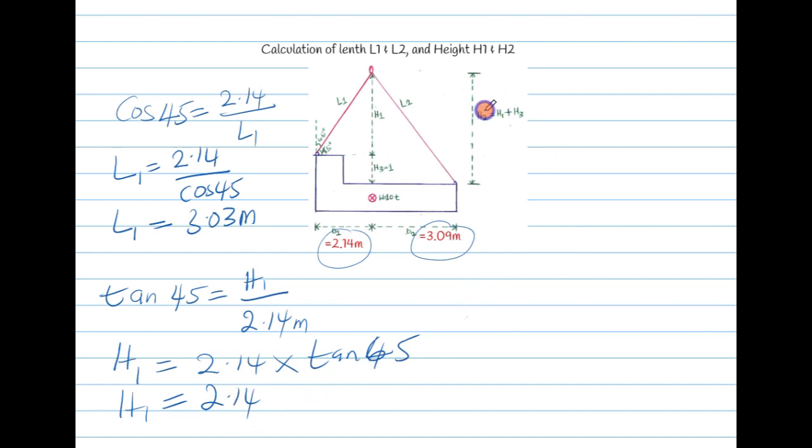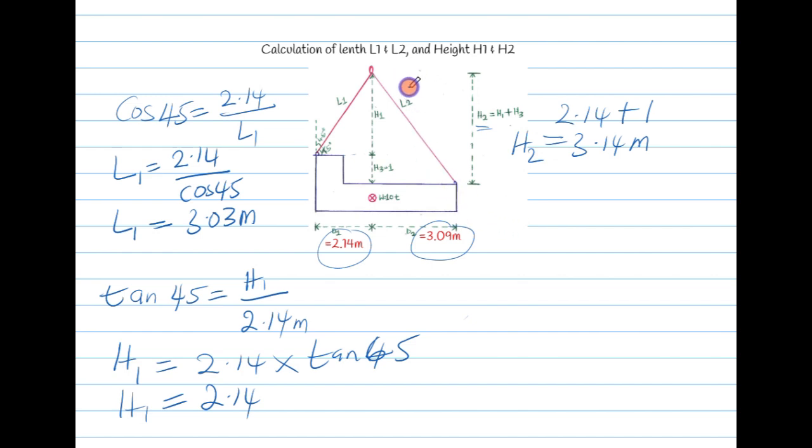Next is to calculate our H2, which will be H1 plus H3. So H1 is 2.14 plus H3, which is 1, and this will give us 3.14 meter. So this will give us H2.